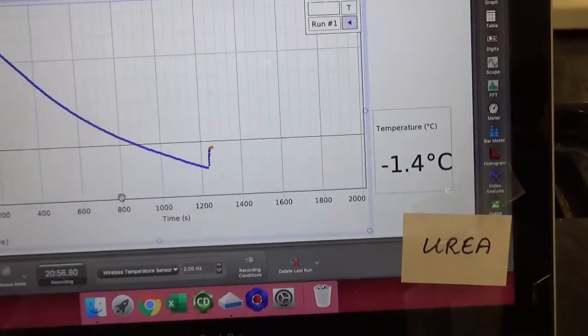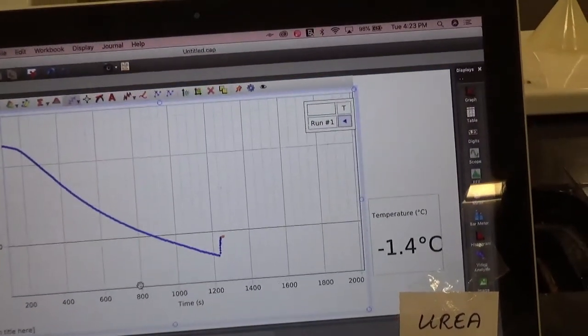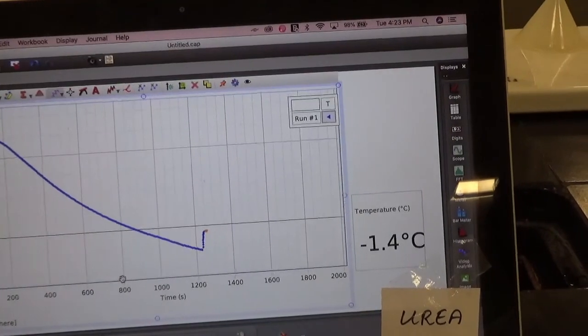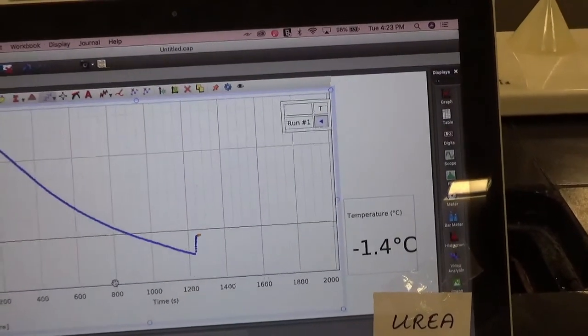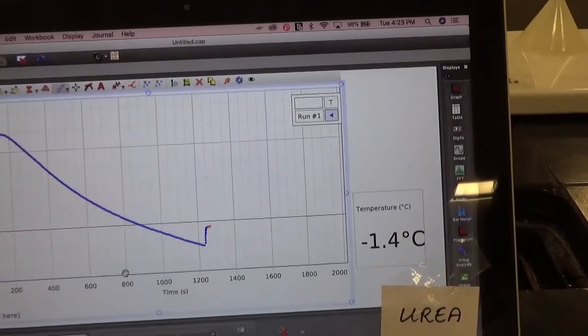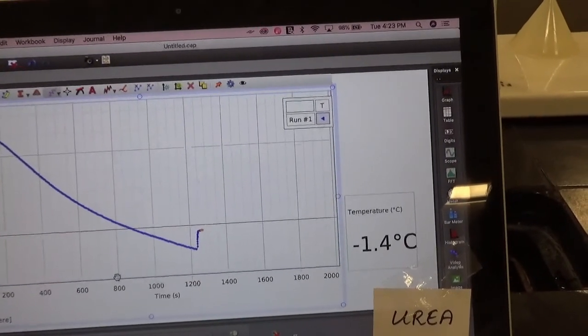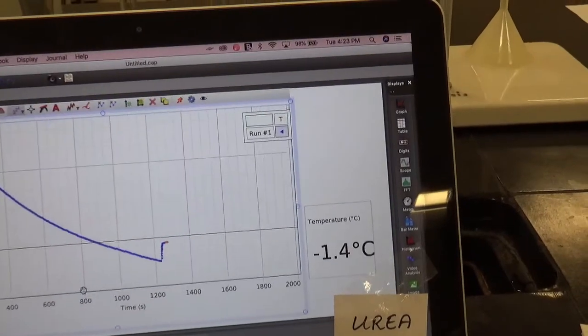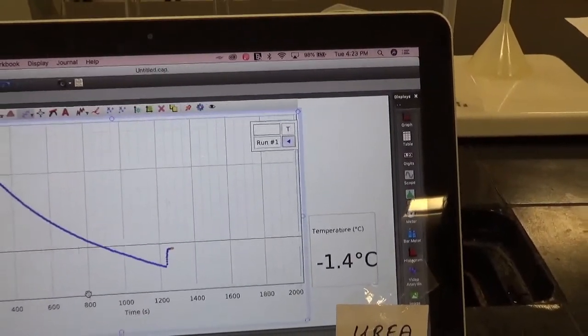This was a supercooled solution, and now it's going to come back, and we'll be able to find the freezing point by extrapolating the points that it levels off to back to the mixing time.